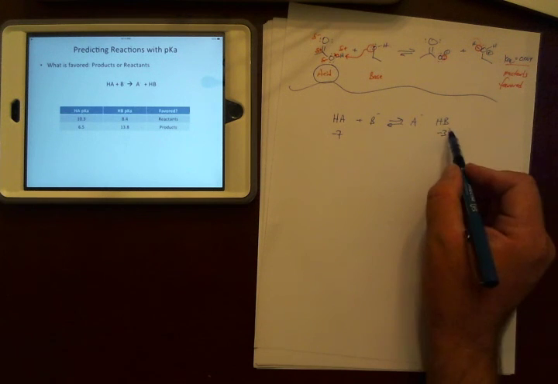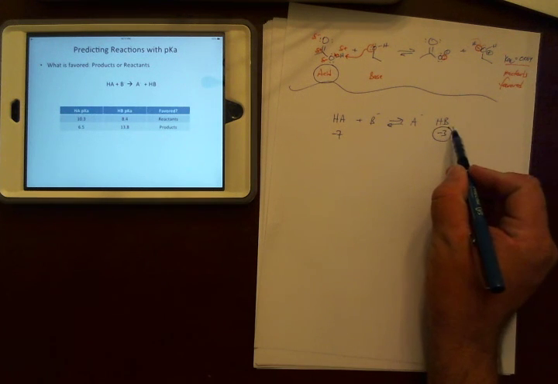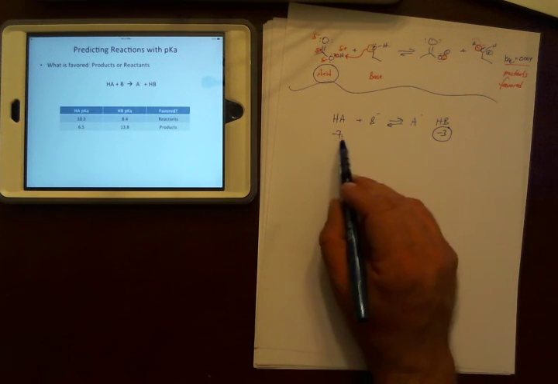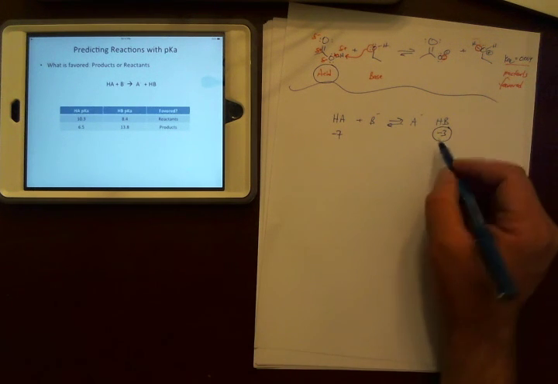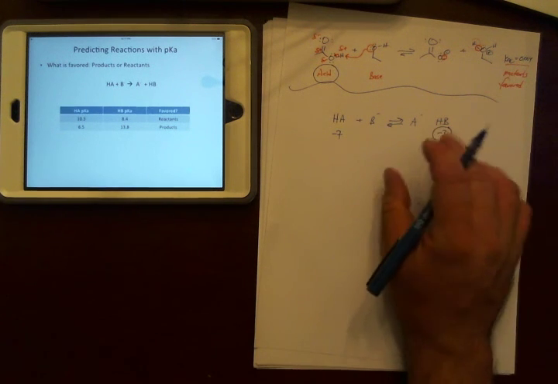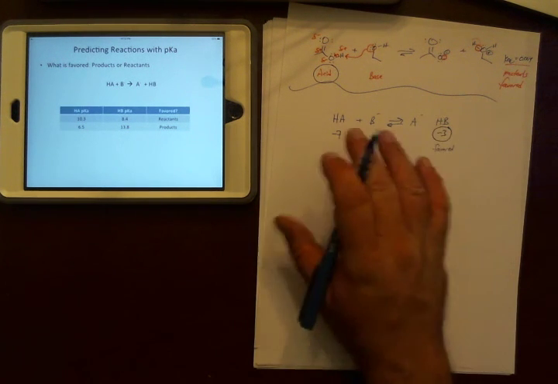Again, this is going to be the bigger number. So even though it's 3 compared to 7, it's -7 versus -3, so this would be favored. So be careful when you're dealing with negative pKa's, because again, the number has to go up.